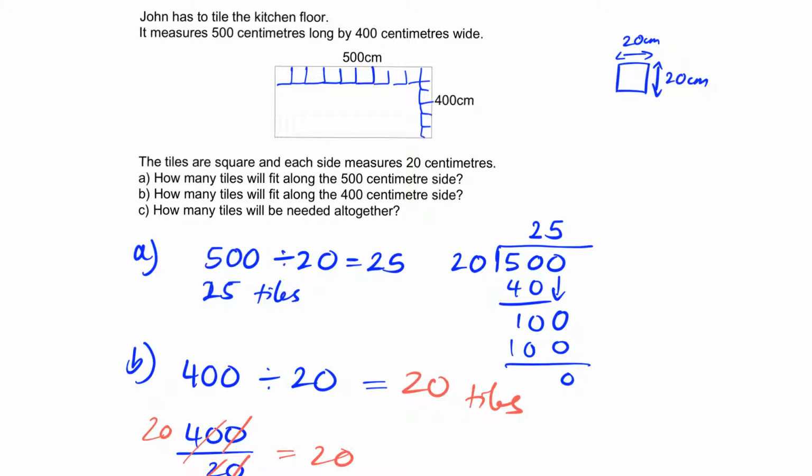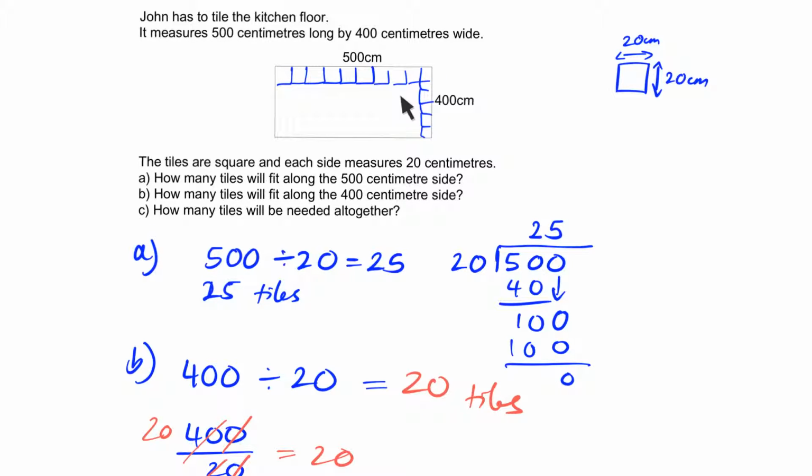Now the last question, question C, asks: how many tiles will be needed all together? So to cover the entire floor, how many tiles will be needed? Well, think about it. If I need 25 tiles along this side and I need 20 tiles along the width, how many do I need all together?